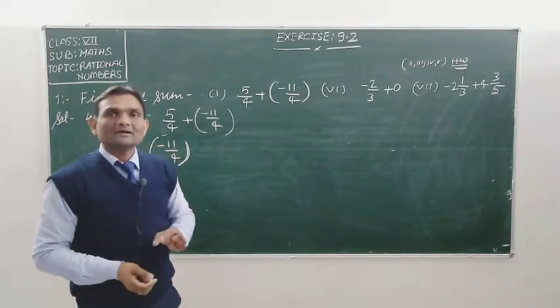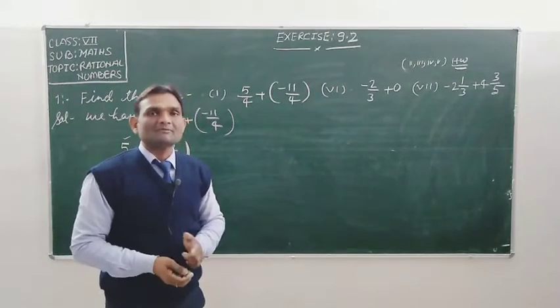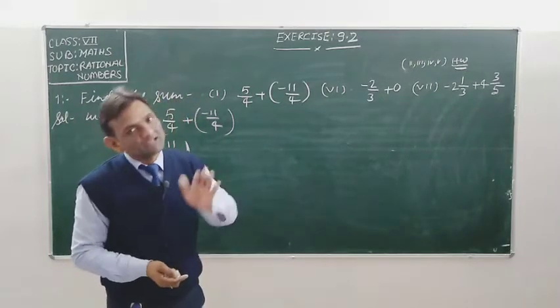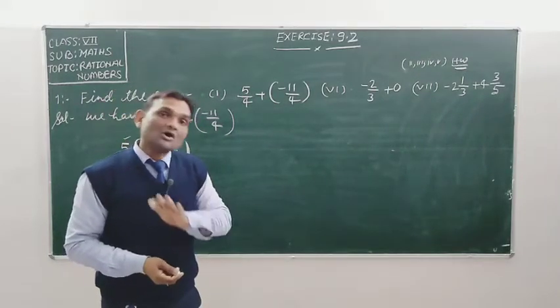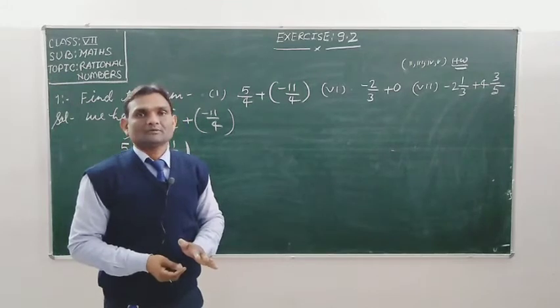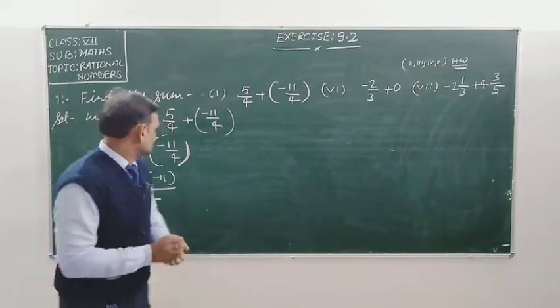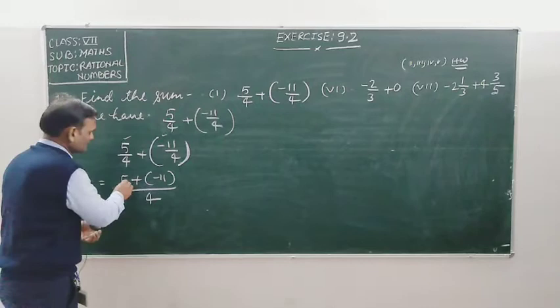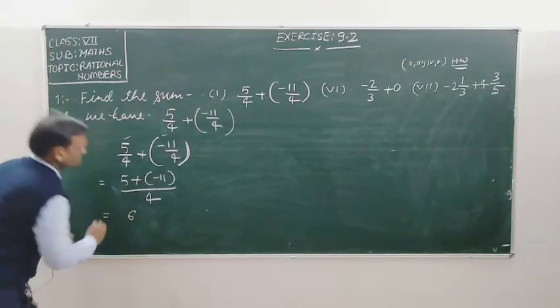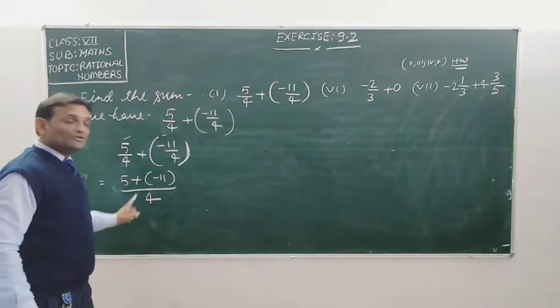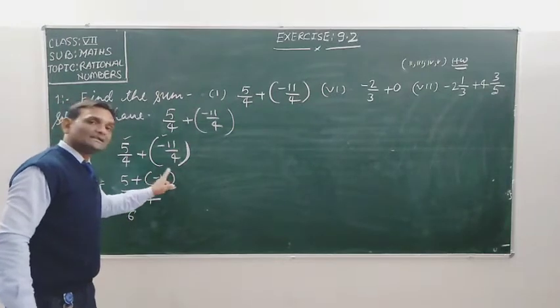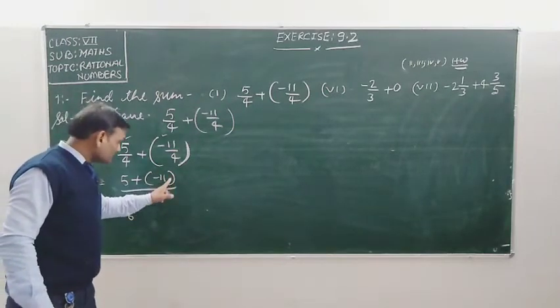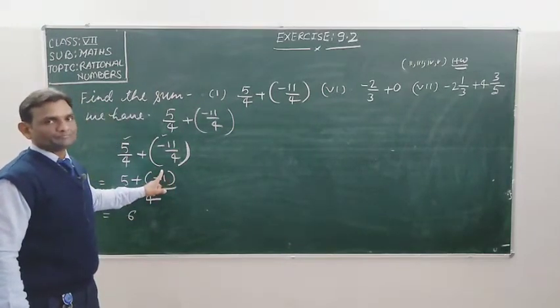If one number is negative and the other is positive and we need to add, then we can't add, we only subtract. So student, 11 minus 5 is 6, and we use the sign of the greater number. बड़े नंबर का हम साइन हमेशा यूज करते हैं.